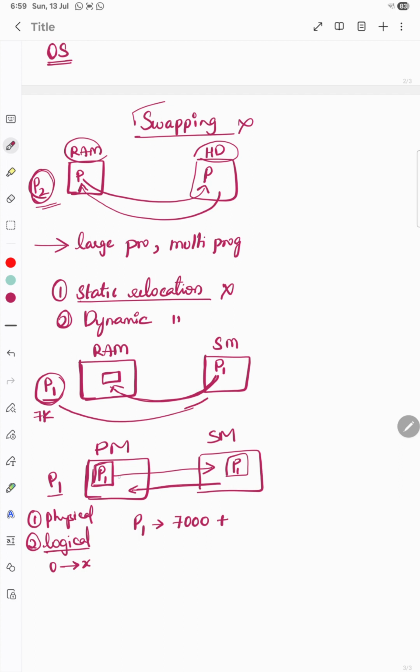If the process which is being swapped out has a logical address of 100, and the physical address of the RAM is 7000, then the physical address of the whole process is 7100. This is called the base address and this is the logical address. Hope you got my point.